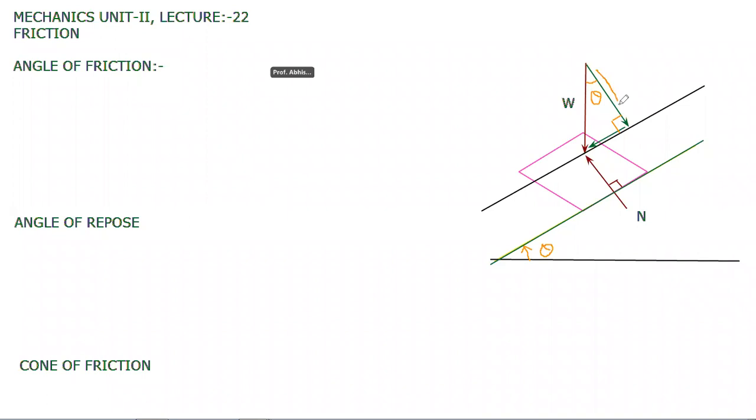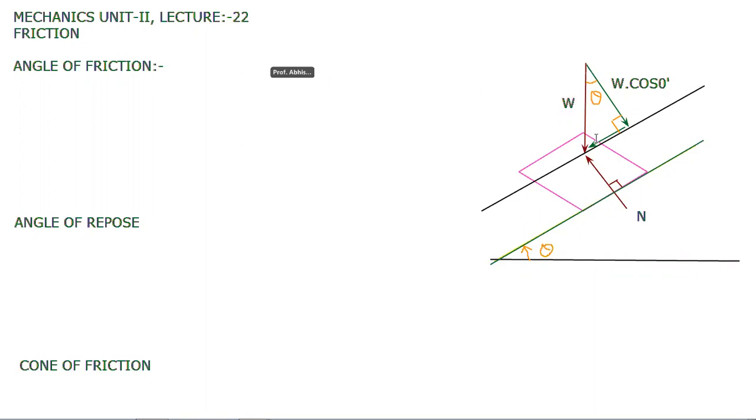The adjacent side to this angle is this one, and the hypotenuse is W. Adjacent divided by hypotenuse is cos of theta, so your adjacent side will be equal to W cos theta.